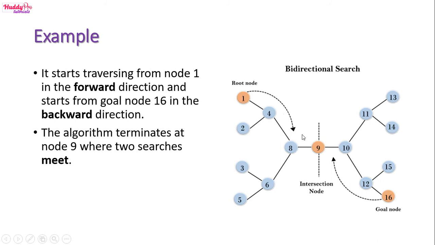So that's the forward direction. And it will also start traversing from the goal node, that is node 16, in the backward direction. So that's the backward direction. Now this algorithm will stop or will terminate at node 9. That's the node where these two traversals shall meet. So that's when it will stop.